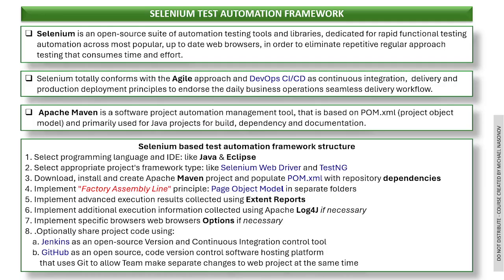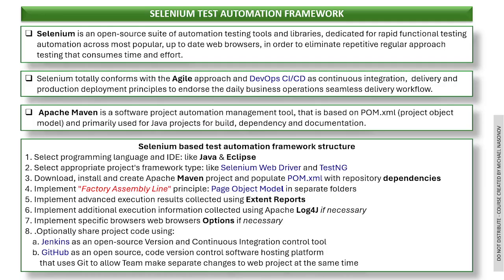In this case, we're going to be talking about Java and Eclipse, but you can do the same with Python and PyCharm, for example. Secondly, select an appropriate project framework type, like Selenium WebDriver and TestNG. Third, download, install, and create an Apache Maven project and populate pom.xml with repository dependencies from Maven.